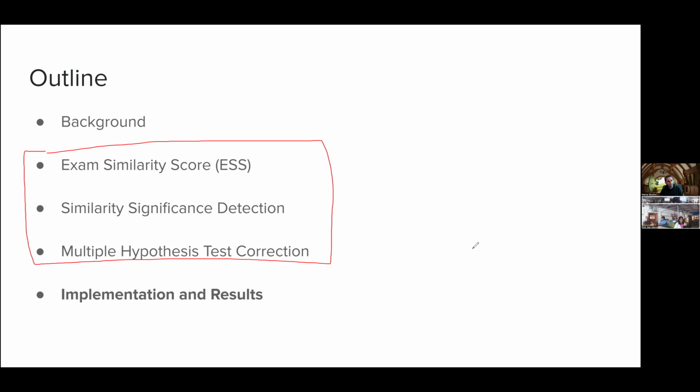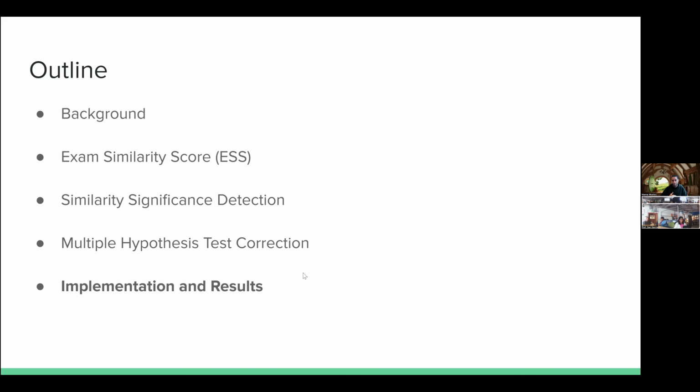Everything I've been talking about so far looks at shared unique responses. There are 2 dimensions that make the exam similarity score I've described big. Either you can have more questions with the same wrong answer, but those answers don't need to be very unique, so you add up a relatively small similarity score for each of a bunch of different questions and get a big overall similarity score.